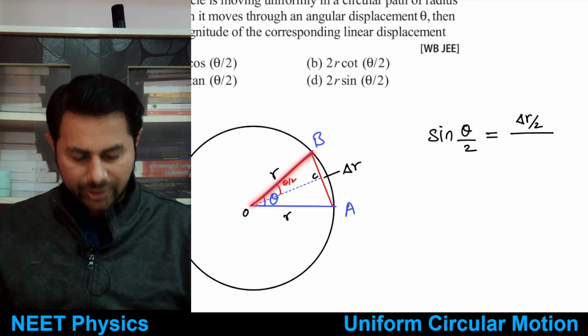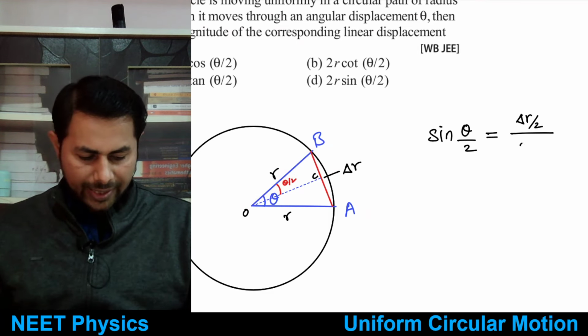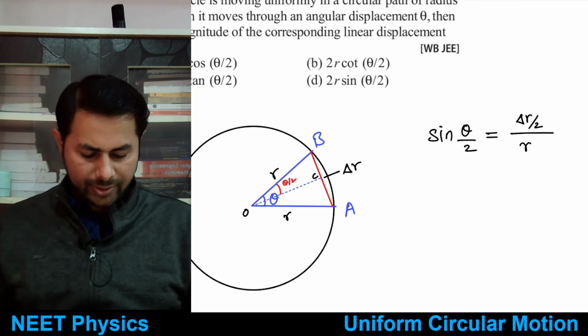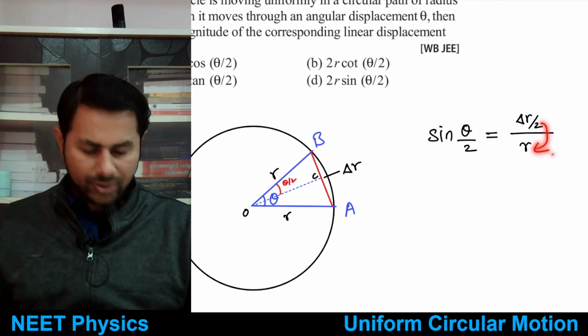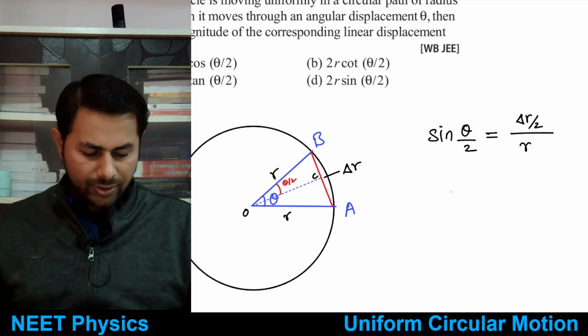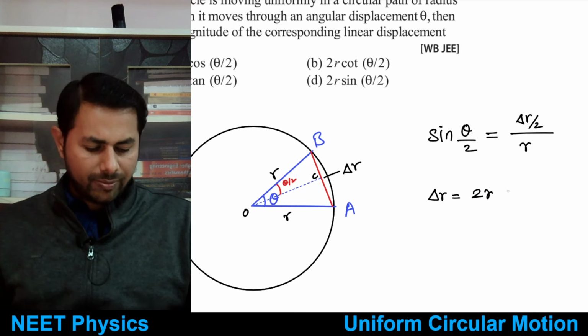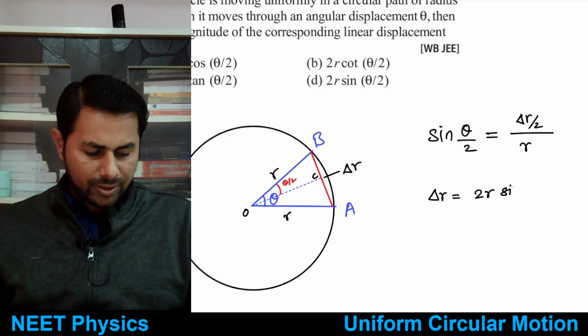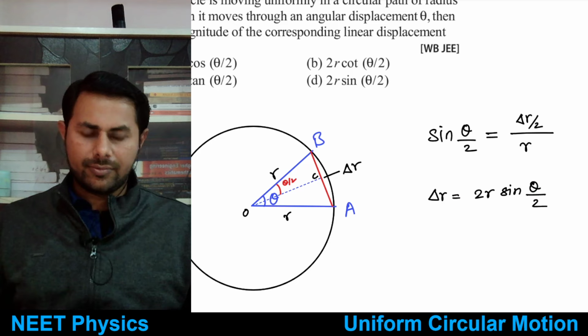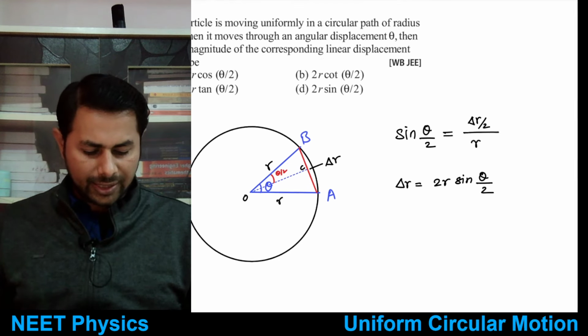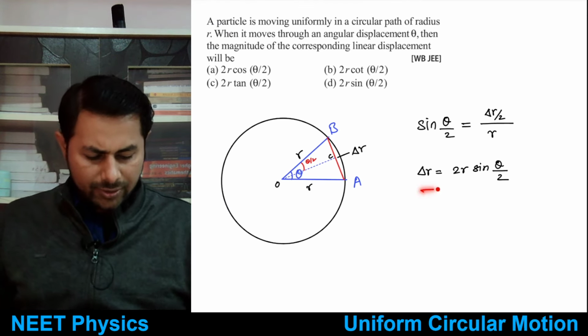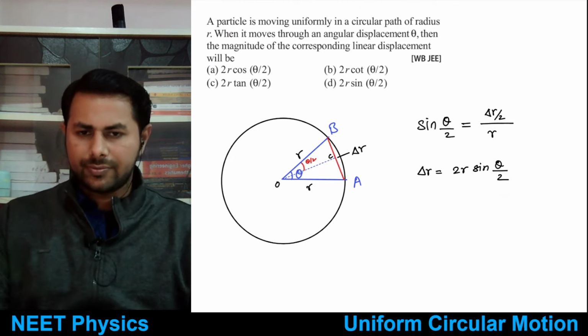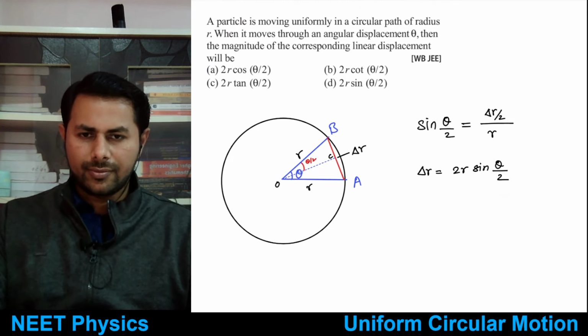How much is the hypotenuse? It's r. So delta r by 2 upon r, right? Then you can take that 2 in the denominator and you get 2r, and move it to the other side. So here you get delta r is equal to 2r multiplied by sine theta by 2. This thing is clear? Yes, no? Everyone?